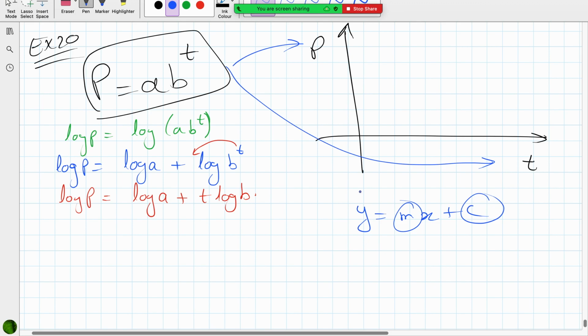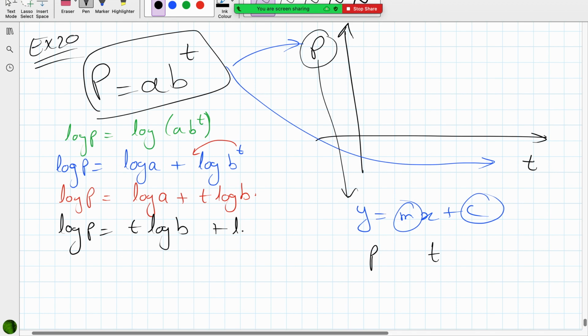Whereas we know y and x, in this case p is somehow related to y and t is somehow related to x. So I'm just rearranging it. Log of P is equal to T log of B plus log of A.